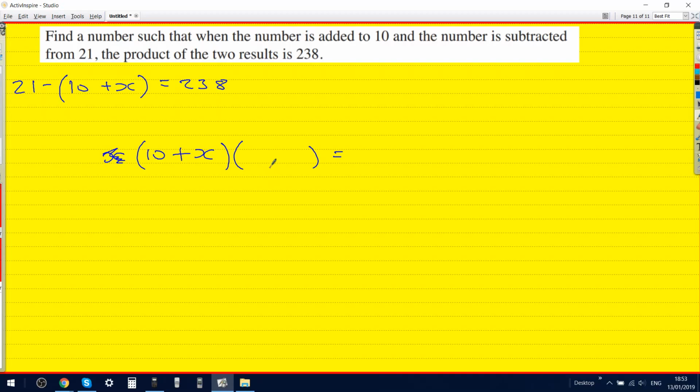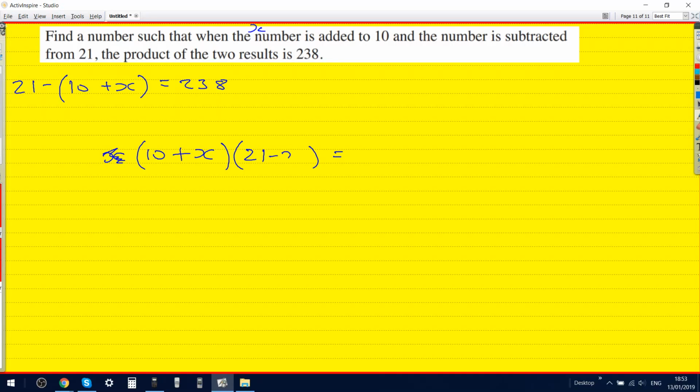Sorry, I don't understand. So the number, we're just calling that x. So x is added to 10, so that's 10 plus x. And then x is subtracted from 21. So what would that be? It'd be 21 minus x.